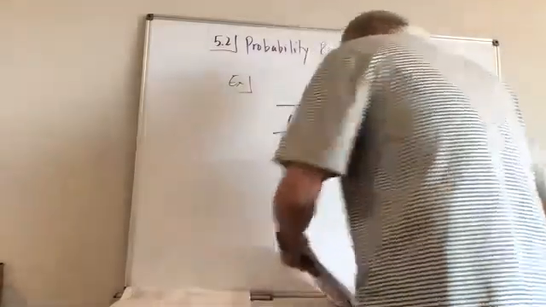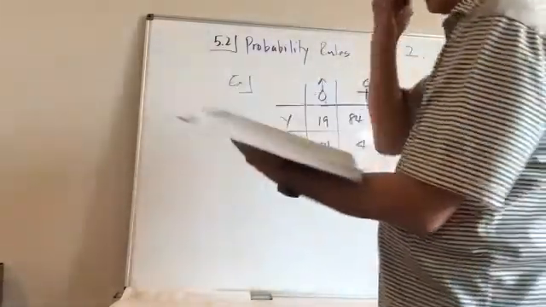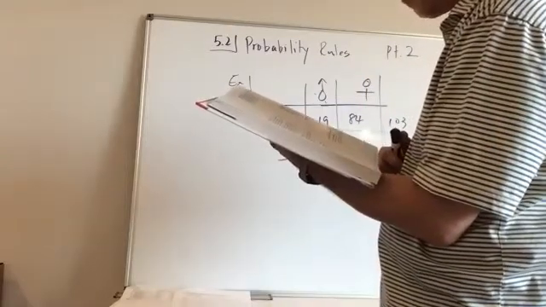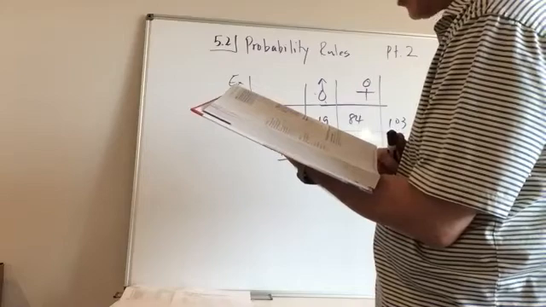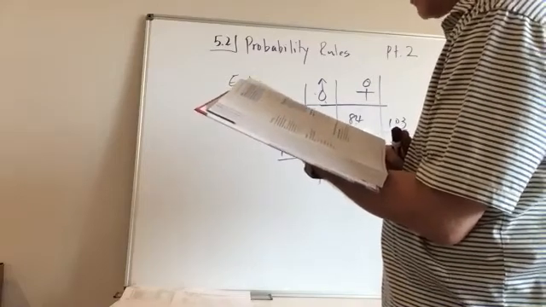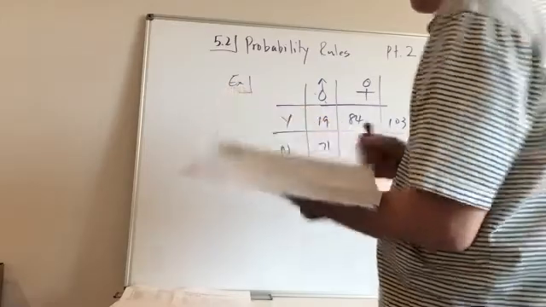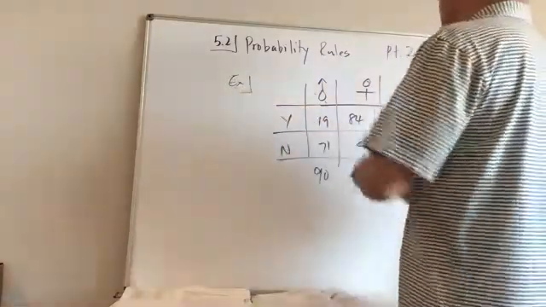So the question is, A, find P(B). A is the event of getting a male student, and B is the event of getting a student with a pierced ear.